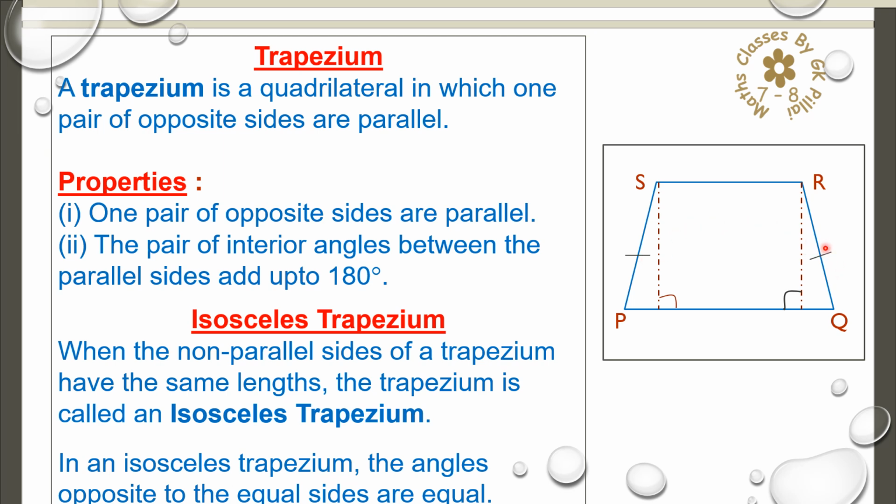If the non-parallel sides are equal, then it is called an isosceles trapezium. In an isosceles trapezium, the angles opposite to equal sides are equal. So if these two sides are equal, this angle will be equal to this angle and this angle is equal to this angle. It happens because these two triangles become congruent.